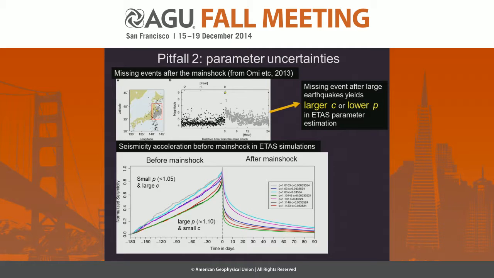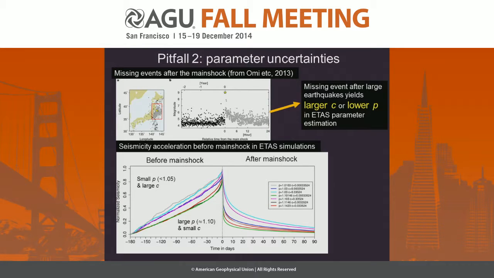The acceleration of the ETAS model seismicity before the main shock depends on those two parameters. If the parameter p is large and c is small, the acceleration is more significant.